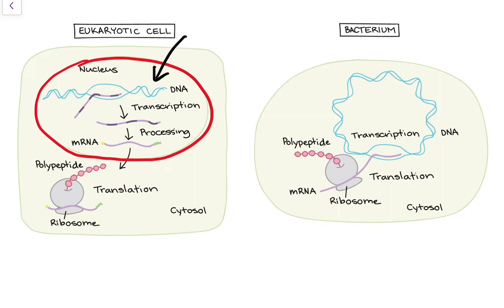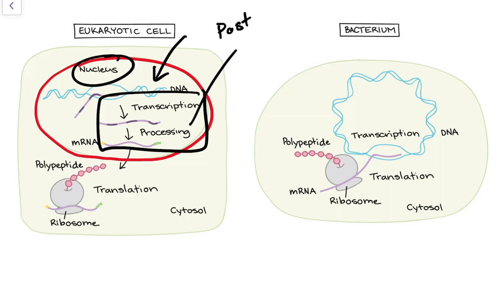So it's membrane-bound. And that means that transcription and the processing that happens of it occur in the nucleus. So we've got these two bits, transcription and post-transcriptional processing. Both occur in the nucleus because they have a nucleus.